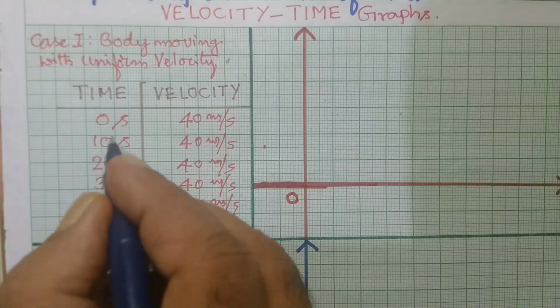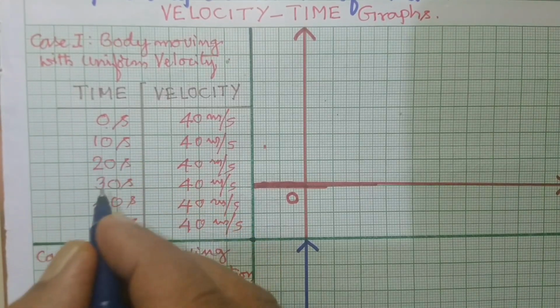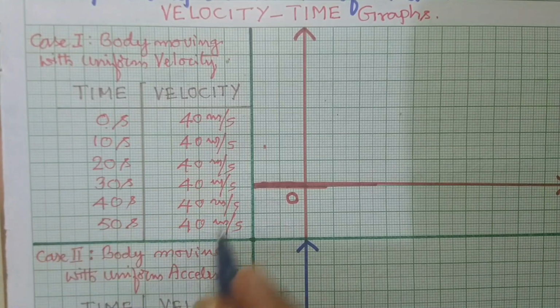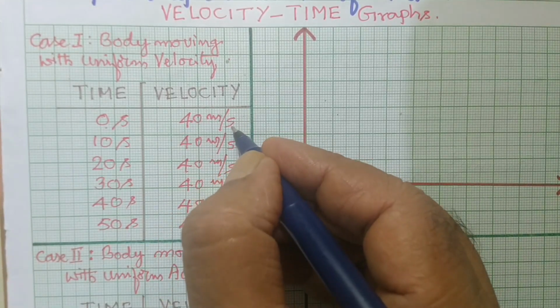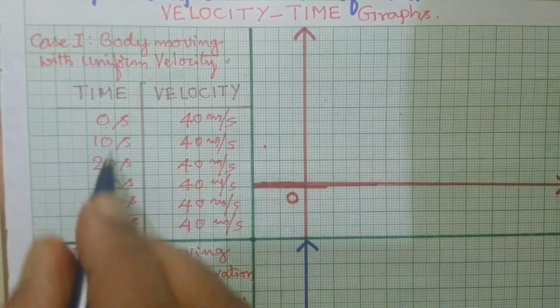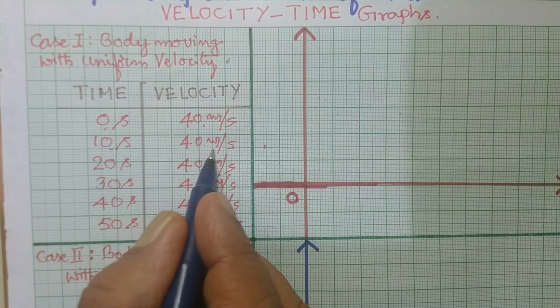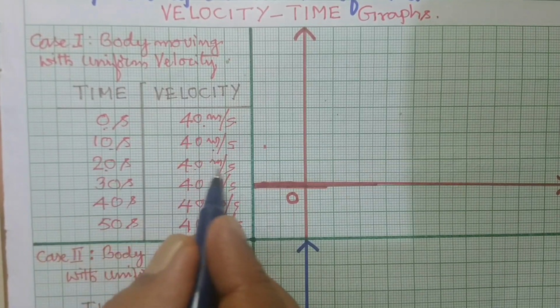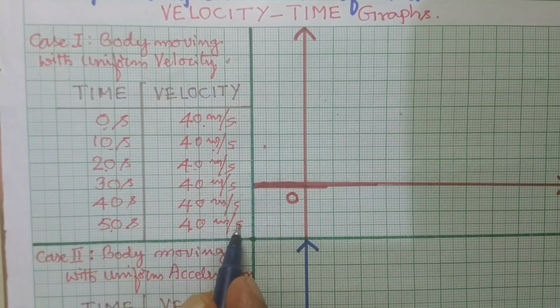I mean to say, whenever you measure, either at 0 second or 10 second or 20 second or 30 second, it is having a constant velocity of 40 meter per second. At 0 second also 40 meter per second, at 10 second also 40 meter per second, at 20 second also, like that at 50 second also 40 meter per second.